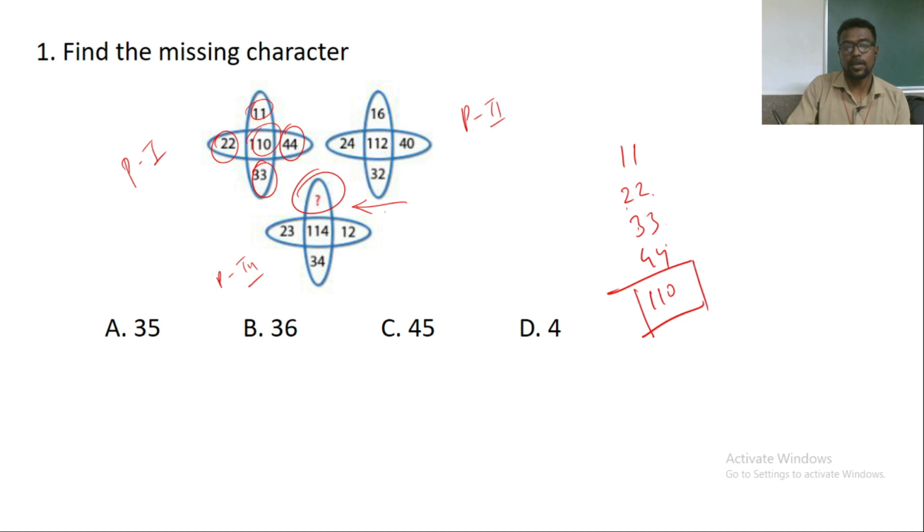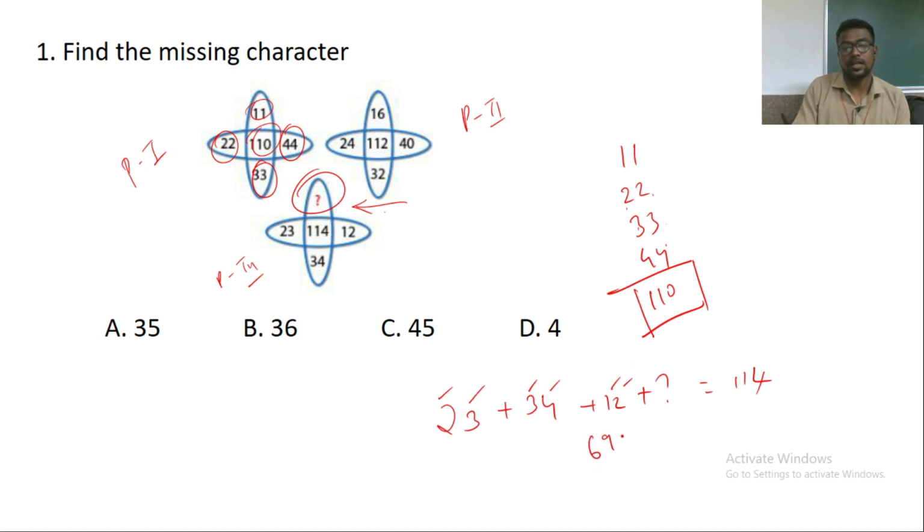If we apply the same logic in the third pattern, we can easily replace the question mark. So 23 plus 34 plus 12 plus question mark is equal to 114. So 20, 50, 60, 64, 67, 69.